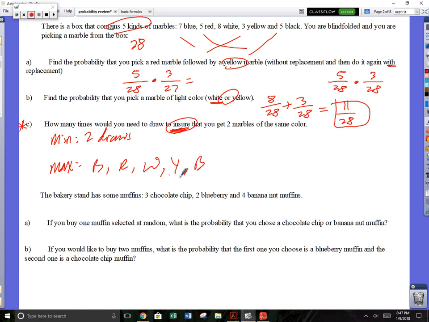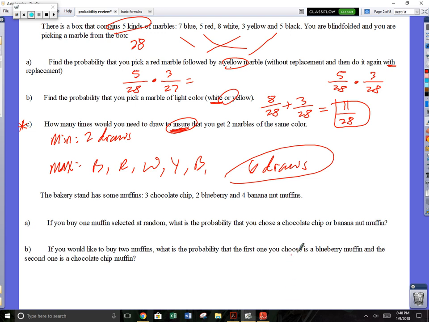Now, at this extreme, if you draw a different color every time, no matter what happens on the 6th draw, I have to double up. So the max is 6 draws. I am guaranteed on that 6th draw to have at least 2 marbles that are the same color.